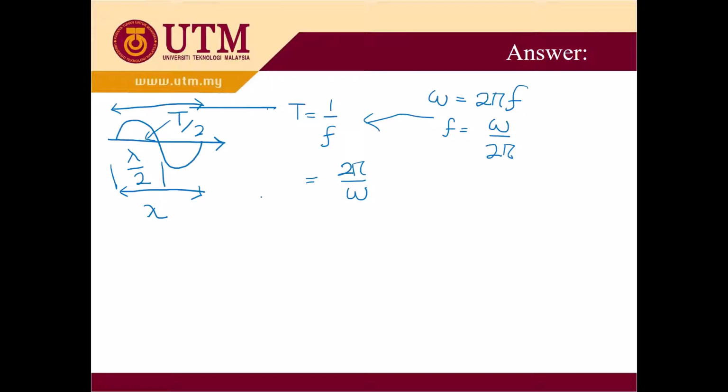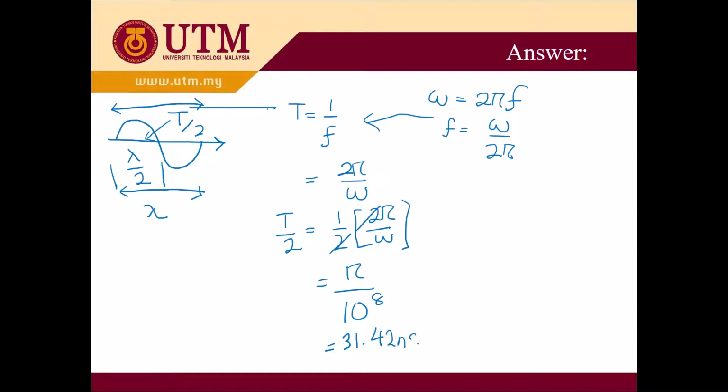This is for the complete cycle. For the half cycle, T over 2 is equal to 1 over 2 multiplied by 2 pi over omega. We can cancel here, so it equals pi divided by omega, with omega equal to 10 power of 8. So you get 31.42 nanoseconds. Okay, this is the answer.